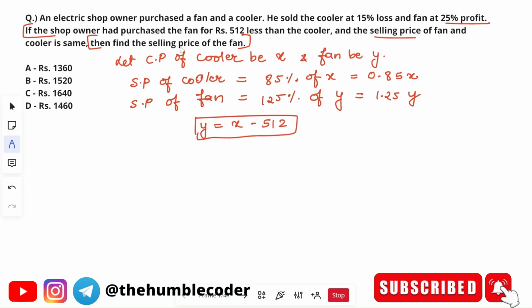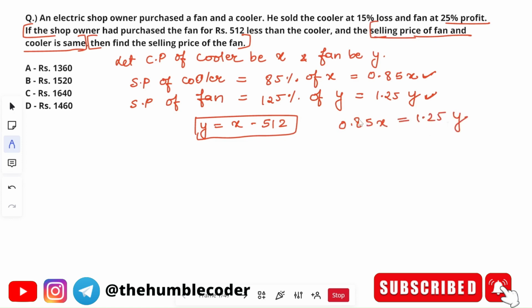Now there was one more statement told to us: the selling price of the fan and the cooler is the same. With this, we can say these two values are equal, because these two are the selling prices of the cooler and fan. So based on this statement, we can write 0.85x equals 1.25y.